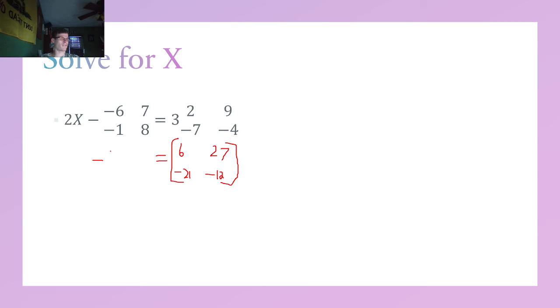And then, since this matrix is being subtracted, you're going to have to add it to both sides. So 2x. All right, so you add this one to both sides.